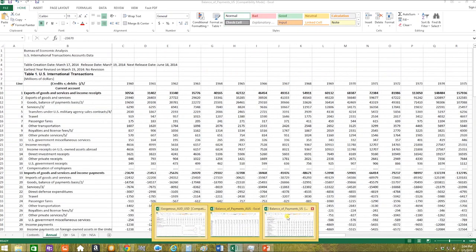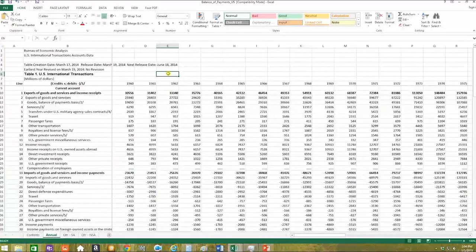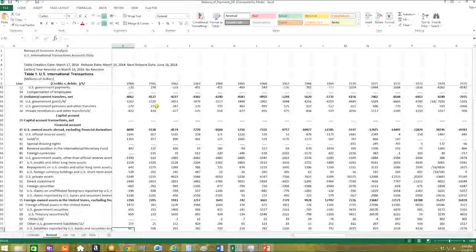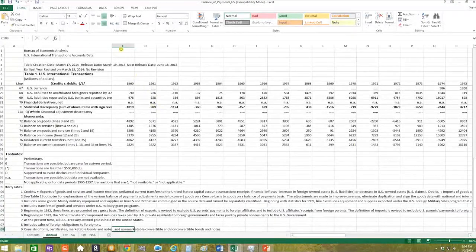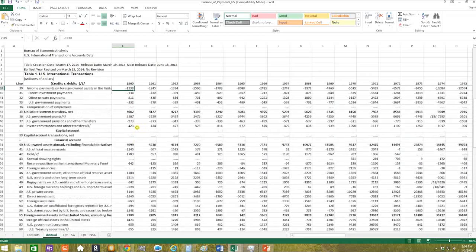What you're going to get when you click on that link is an automatic download of all the US trade data going back to 1960. If you just focus on these numbers here for the moment, you'll see that all of the numbers come from this spreadsheet. And this is the line for 1960. So in your own time, you can go through everything.